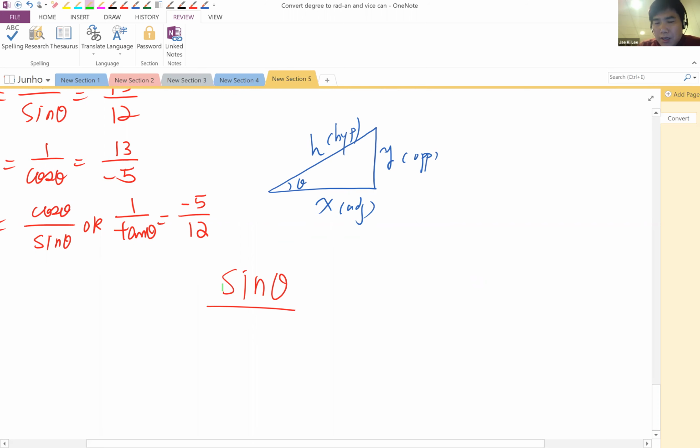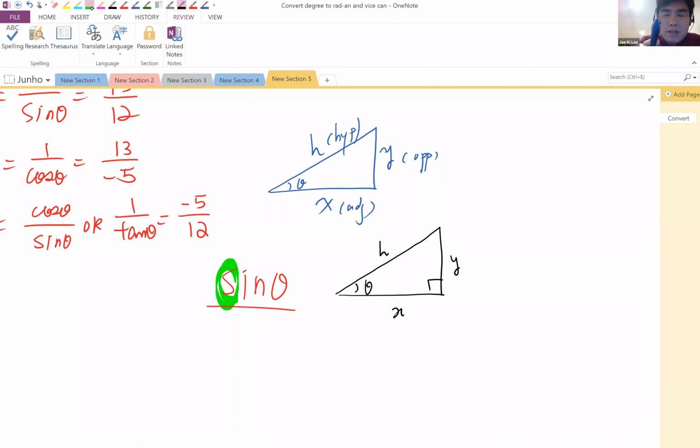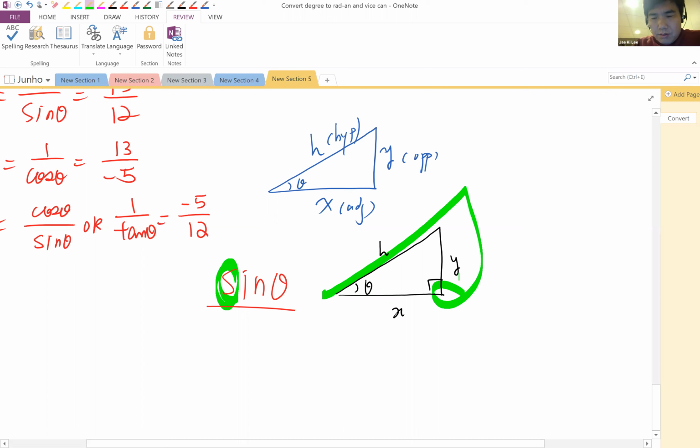S. So I'm going to write S on the triangle here. Remember, always ending to beginning. So this becomes Y over H.